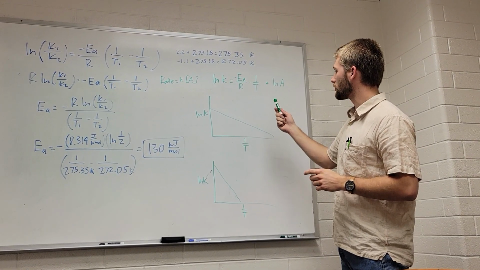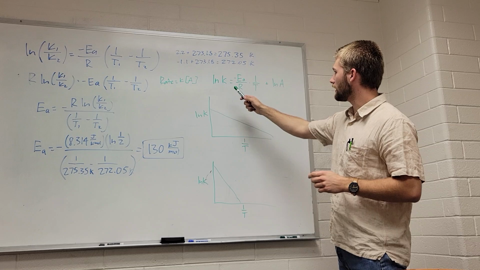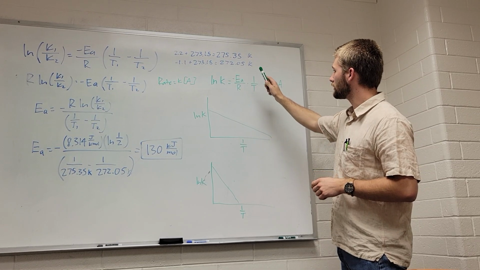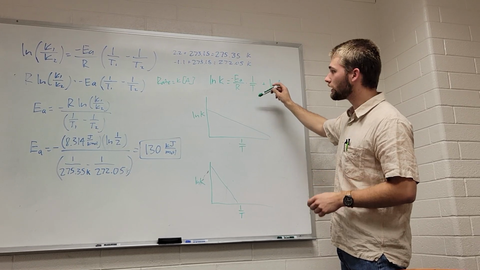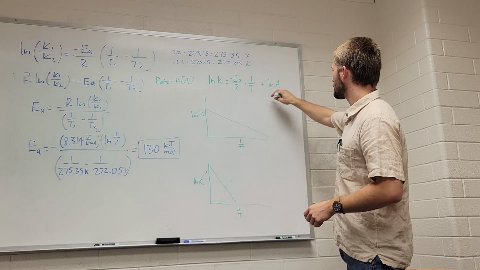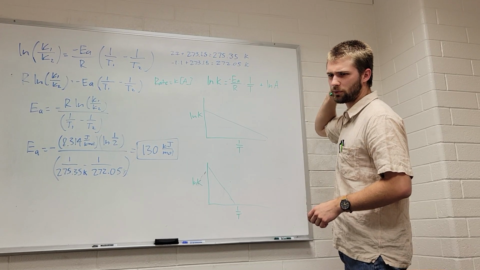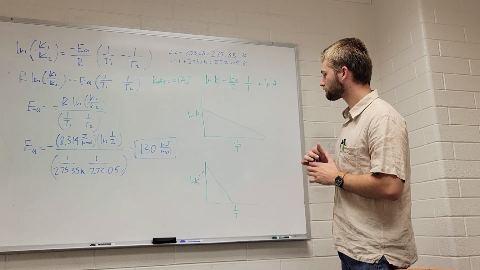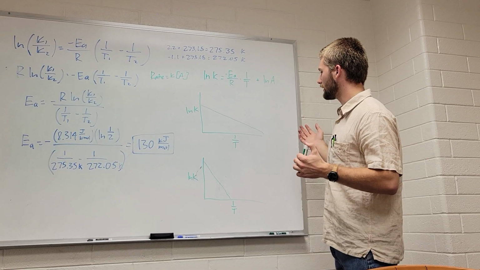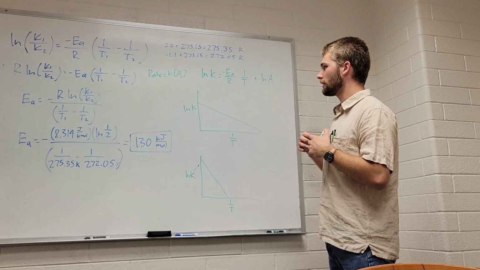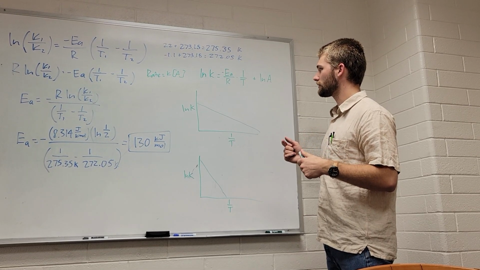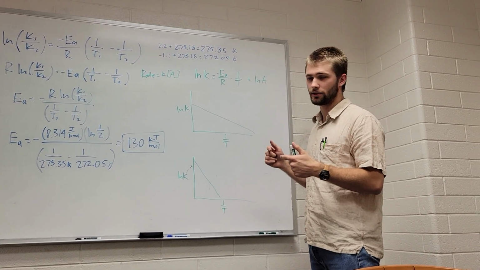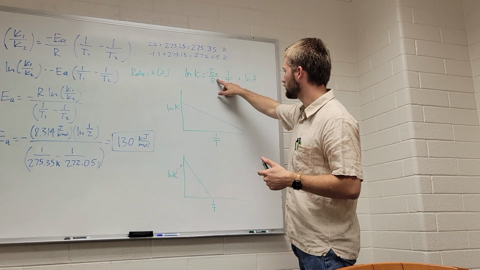The linear form of this equation states that the natural log of K is equal to the negative energy of activation over R times the inverse of temperature, plus the natural log of the frequency coefficient, I think it's called. This is irrelevant for our purposes right now. If you were to graph a reaction that has a low energy of activation, you would expect the slope of the line to be small.